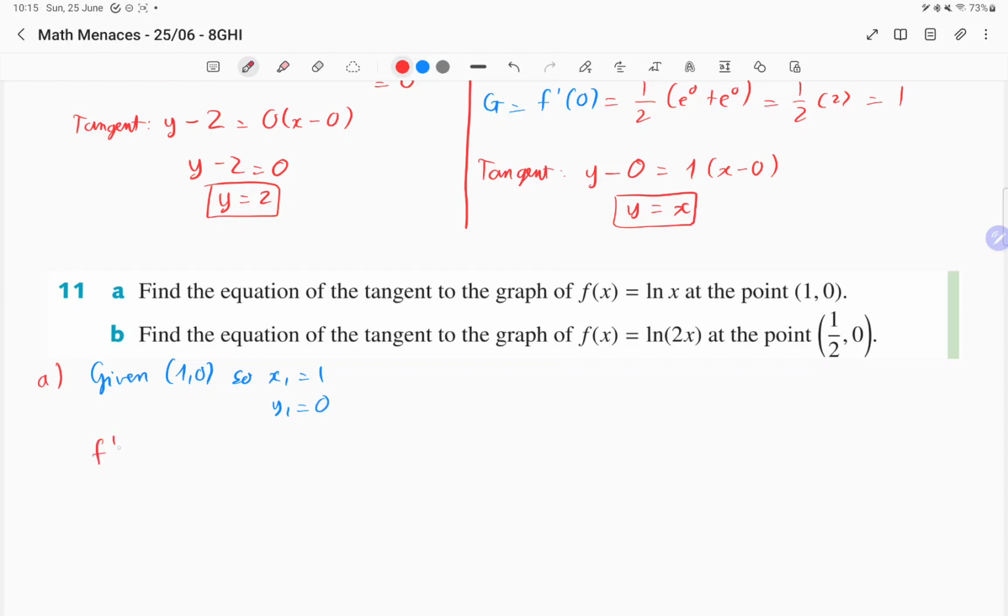And for question B, because they already gave us both coordinates, we don't have to work out. That's right.